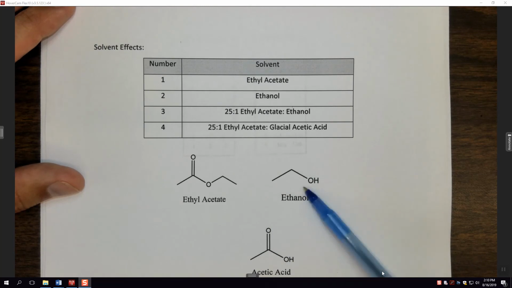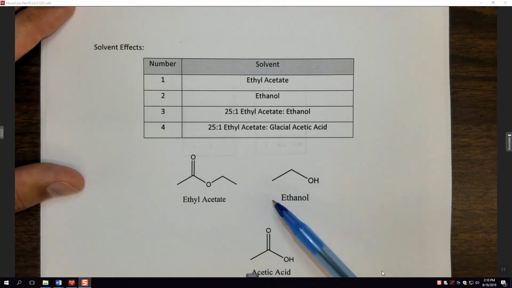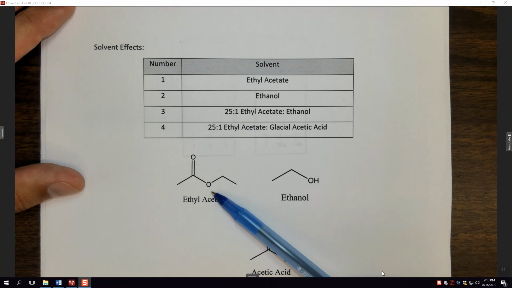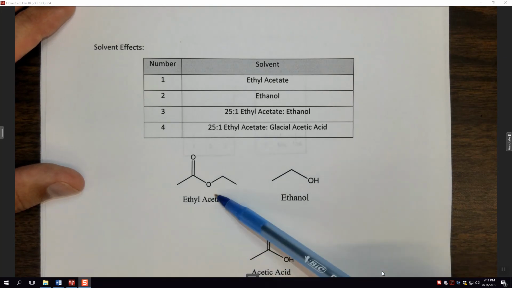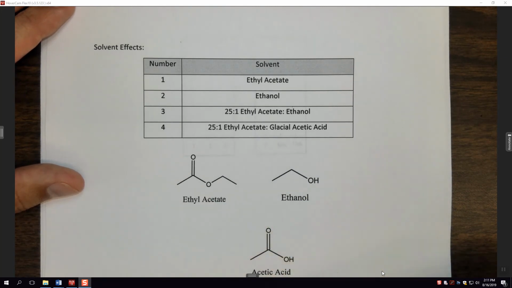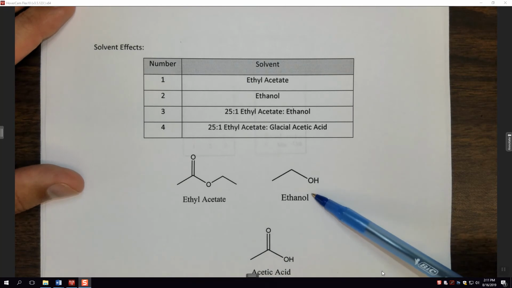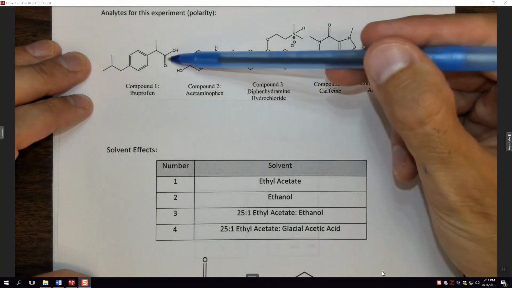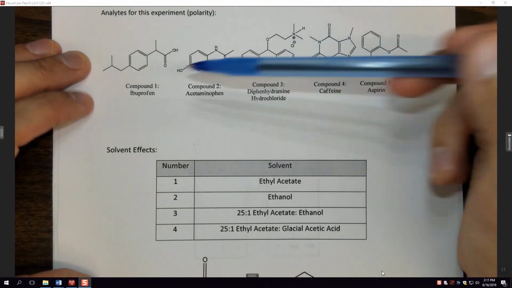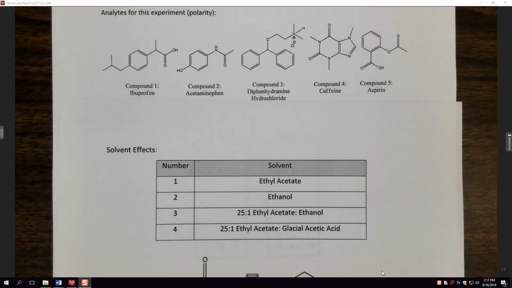Ethanol, with its OH, which is capable of hydrogen bonding, is more polar than the ethyl acetate, which to some extent is also capable of hydrogen bonding, but not with the hydrogen, only with the oxygen. So this is less polar, this is more polar, and acetic acid is probably even more polar than ethanol. Acetic acid also has the potential to dimerize with other carboxylic acids, which could change their polarity.